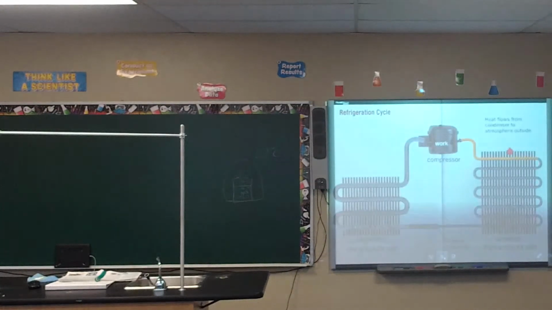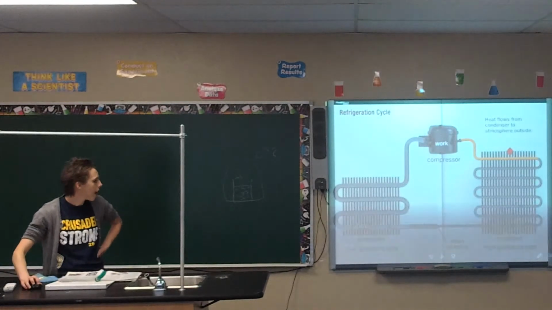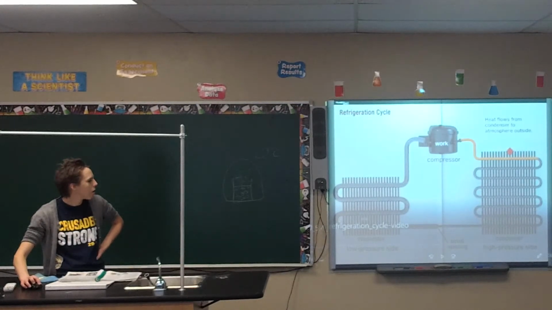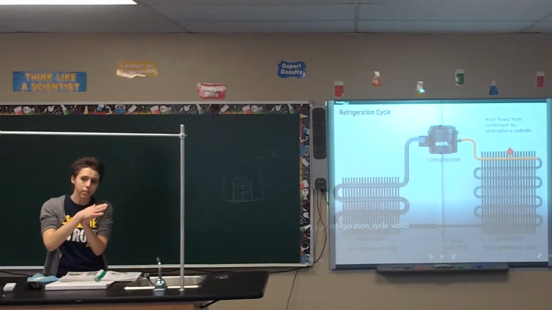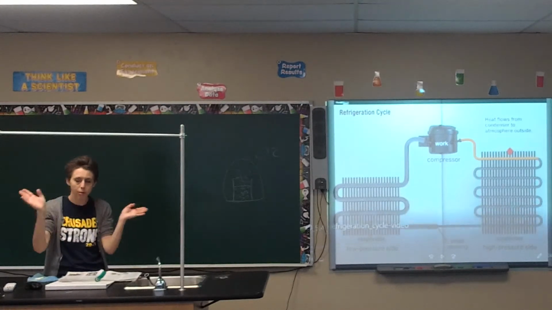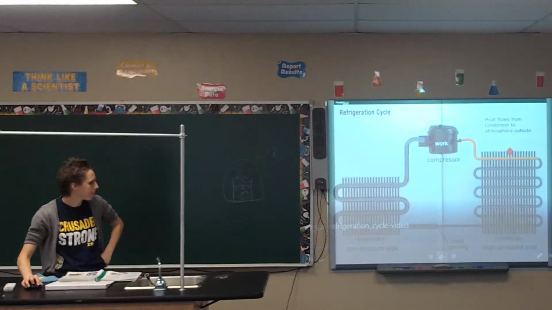Alright. Showing you for this one, here are the four parts again. This is the high pressure region on this side, and on this side you have the low pressure region. Heat flows from the condenser to the outside because it's under such high pressure, which raises the temperature of the overall gases, so they're giving off some of that energy around them.